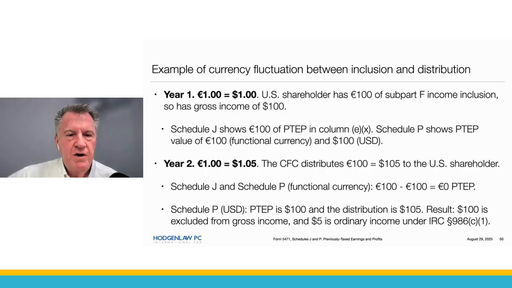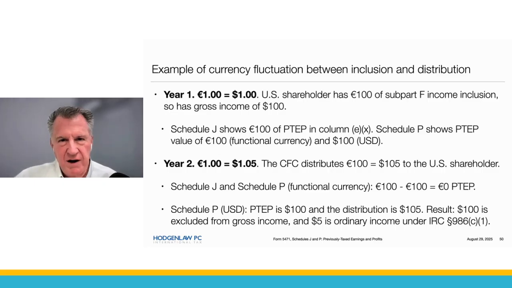Year two, this is the year of the distribution, where the CFC distributes 100 euros to the US shareholder. Now the exchange rate is slightly different. 1 euro buys a dollar and a nickel in US monies. So Schedule J on the CFC side is going to be fine because it's in functional currency.